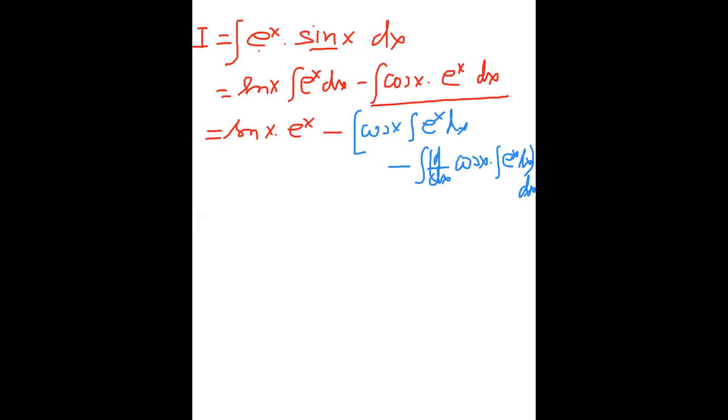So it becomes, now coming back to the red color, sine x into e to the power x minus cos x, e to power x integral will be e to power x, minus into minus, plus, integral, differentiation of cos x will be minus sine x.